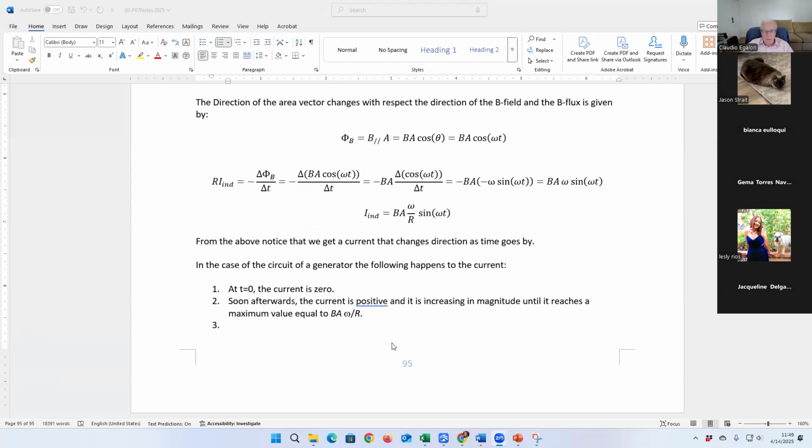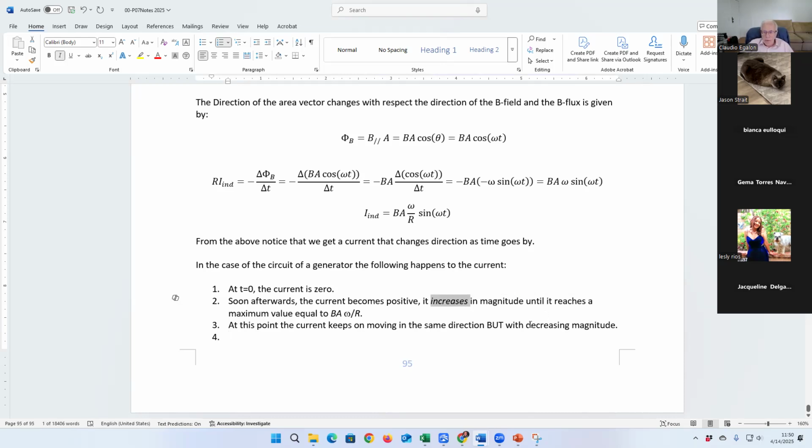Soon after the current becomes positive, it increases in magnitude until it reaches a maximum value equal to BA omega over R. At this point, the current keeps on moving in the same direction, but with decreasing magnitude.